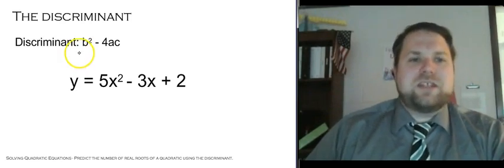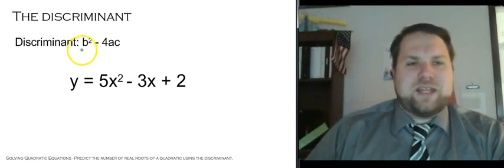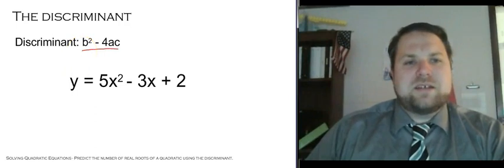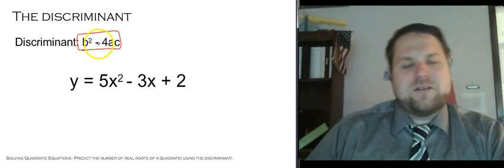And so we're going to use this thing called the discriminant. And the discriminant is just the result I get from the calculation of b squared minus 4ac.